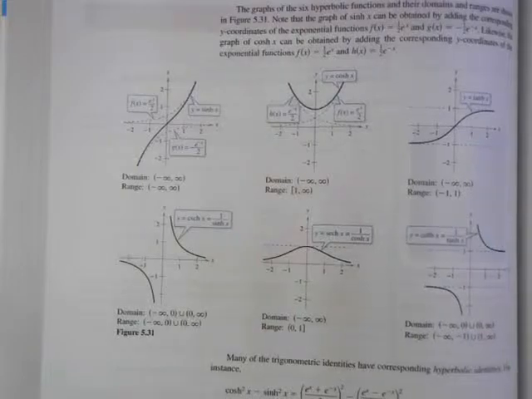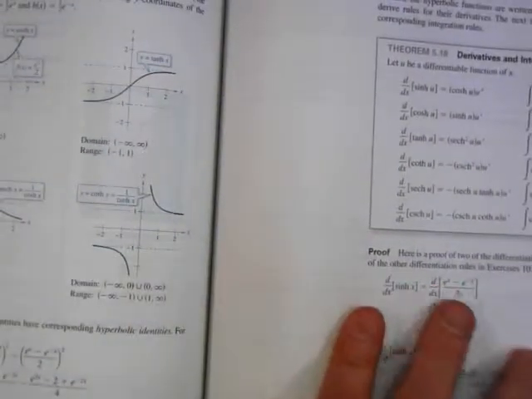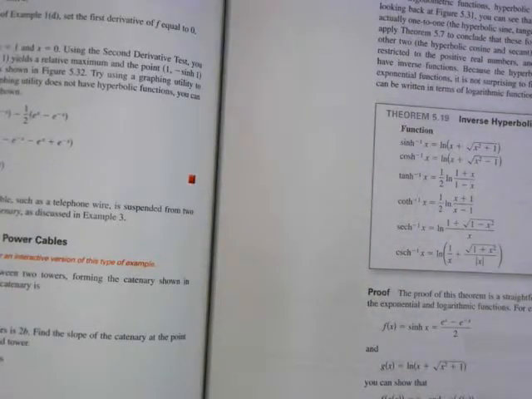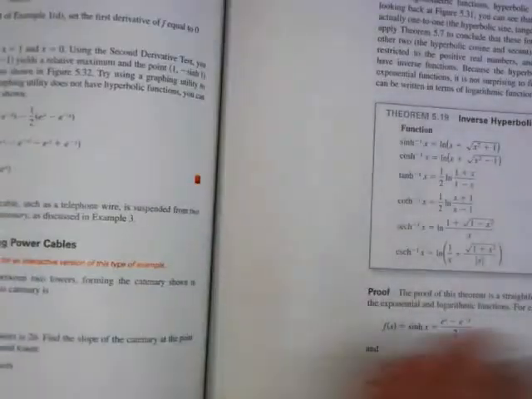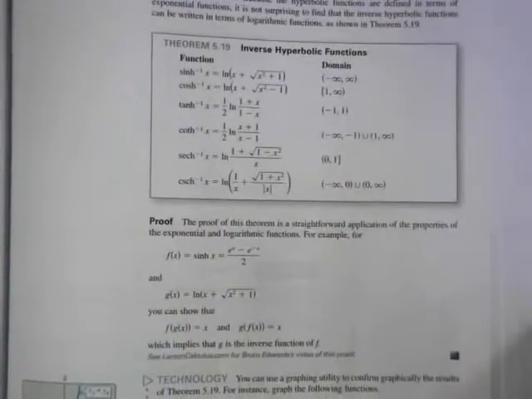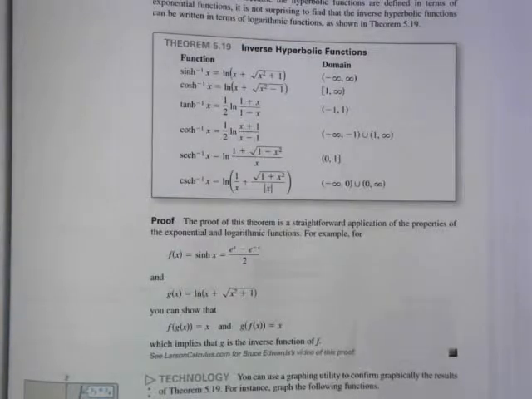All right, so we have definitions of the inverse hyperbolic functions. Here they are. Here are the definitions. I'm not going to write them all down. They're here in your book. What shouldn't surprise you is that all these definitions involve ln. Why should that not surprise you?